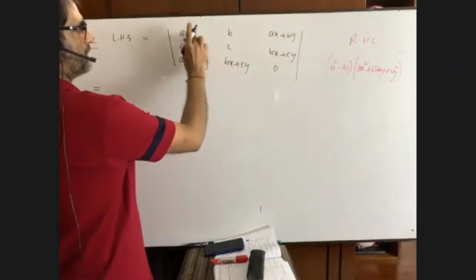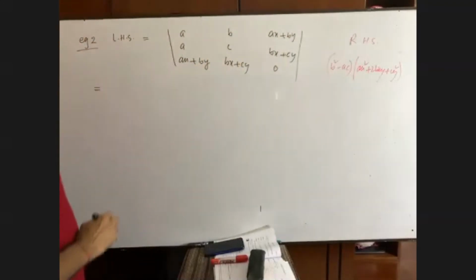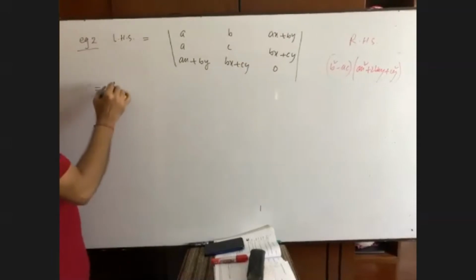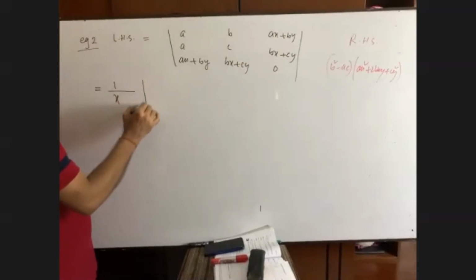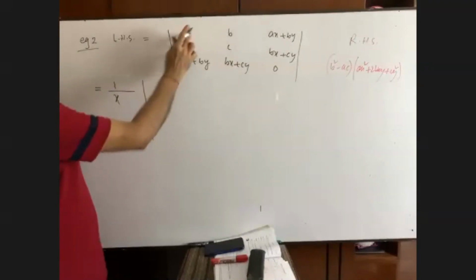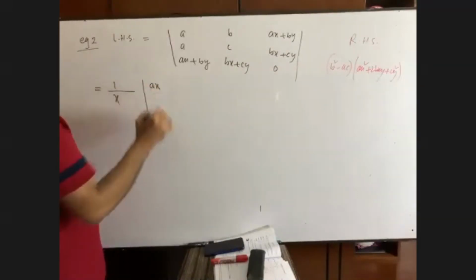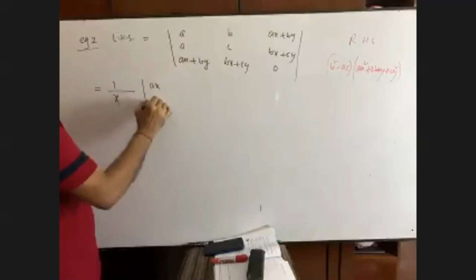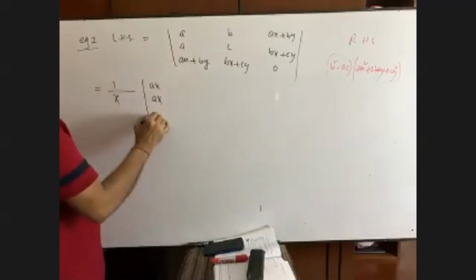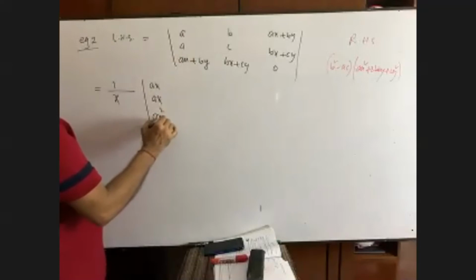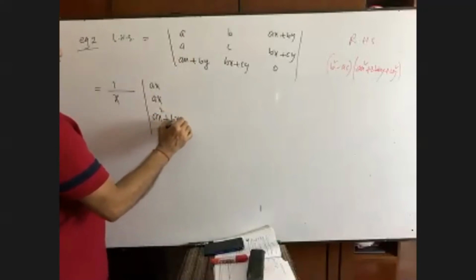So at first I am going to take 1 by x. Here you take ax, ax square plus bxy.